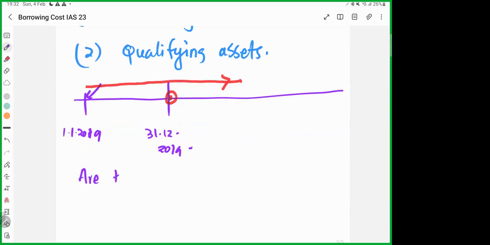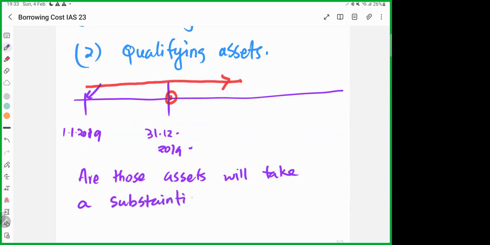Are those assets will take a substantial period of time.